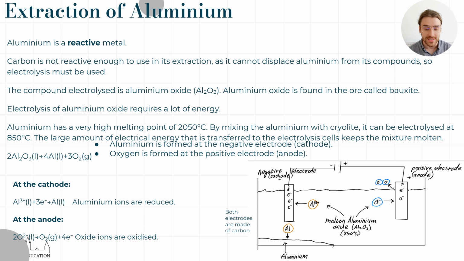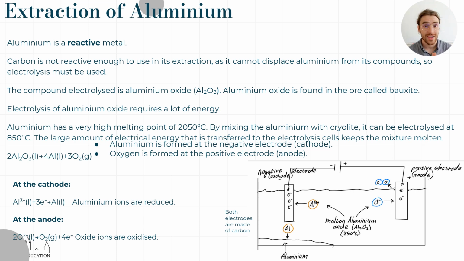Cryolite is going to act as a sort of catalyst, and it's going to decrease the melting point of aluminium oxide from 2050 degrees Celsius. So instead all we have to do is heat it to 850 degrees Celsius. This is obviously going to remain at a very high temperature as we put a lot of electricity into this process.